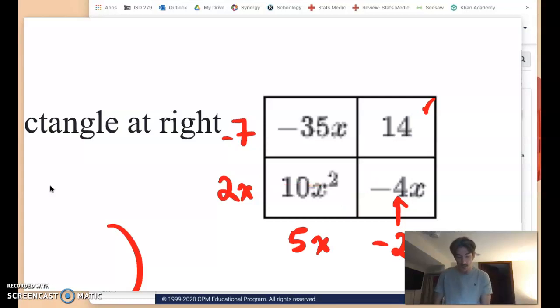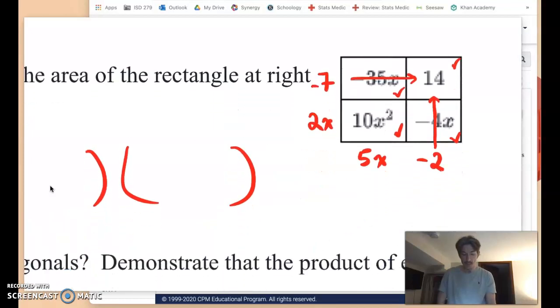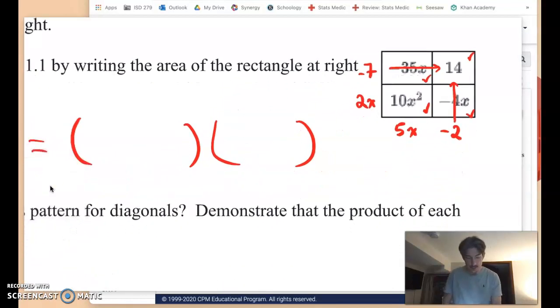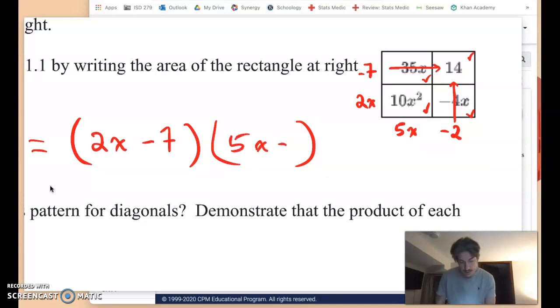So I'm good there and there. I erase that check mark. Okay, but it's also still true that negative 2 times negative 7 does give me positive 14. So I've got a product here that's going to work out, and that product is 2x minus 7, and then finally 5x minus 2. Okay, and that's going to work out really, really well for me.